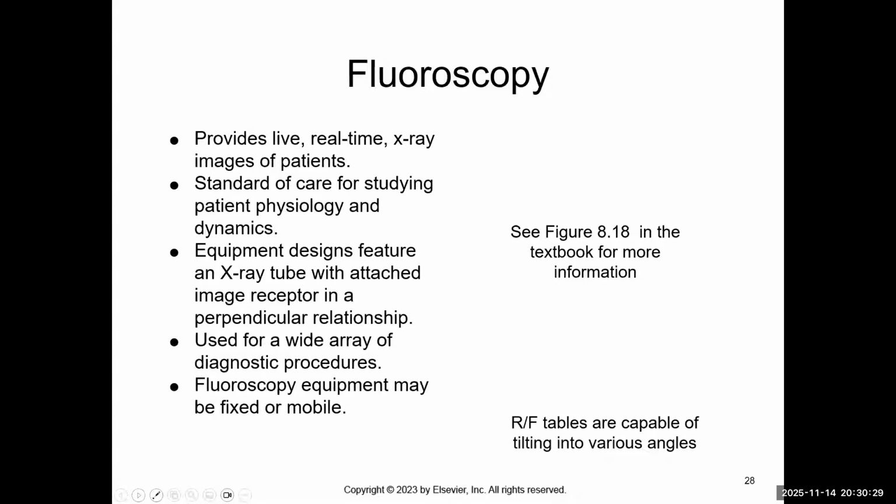Fluoro equipment can be fixed or mobile. Fixed is our rad fluoro room, which is bolted to the floor. Mobile is our C-arm units, where we're able to move it to wherever we want it, whether it's a pain management suite, whether it's an OR suite, we can move it to the patient's bedside.